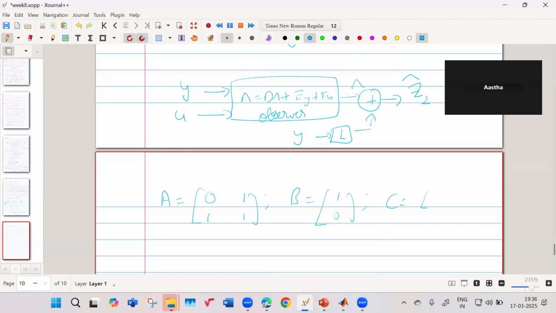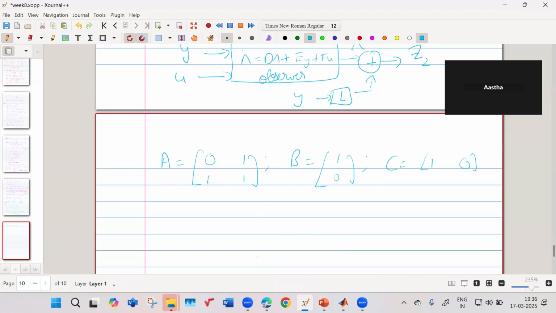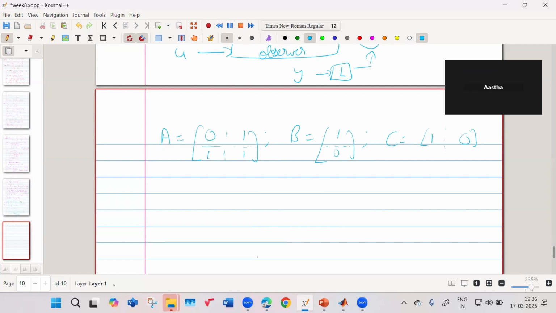And our C is 1 and 0. So we are partitioning it. A11 comes out to be 0, A12 is 1, A21 is 1, and A22 is 1. Our B1 is 1, B2 is 0, C1 is 1, C2 is 0, right?